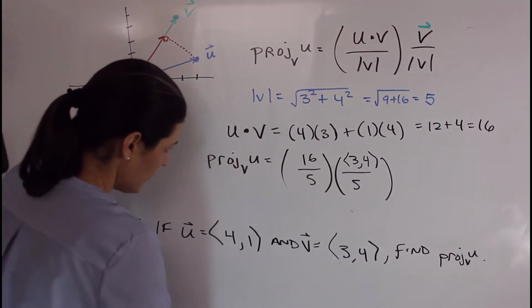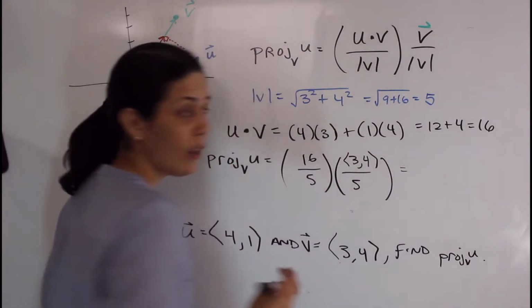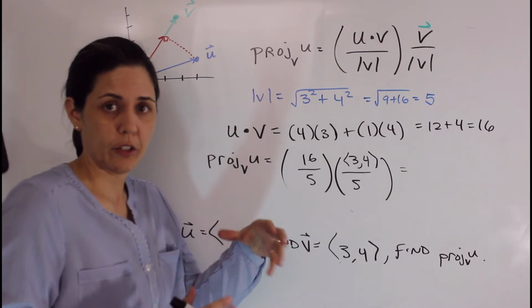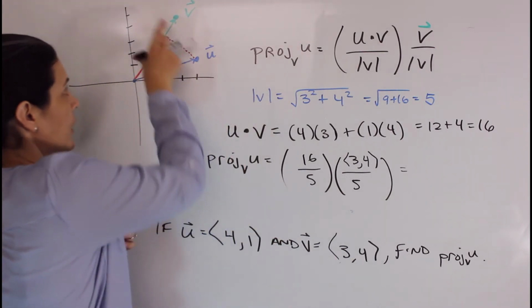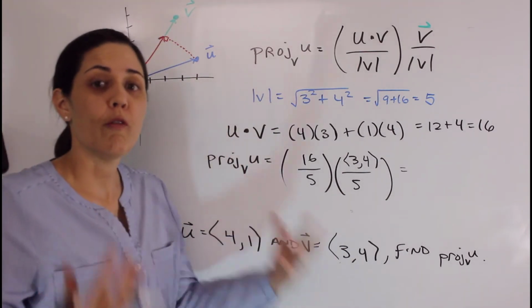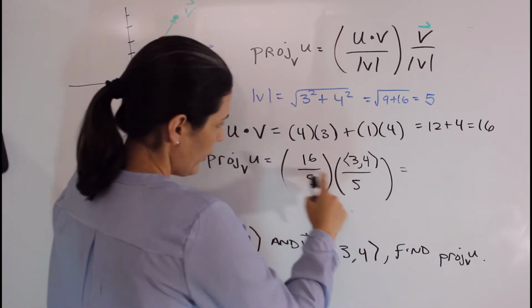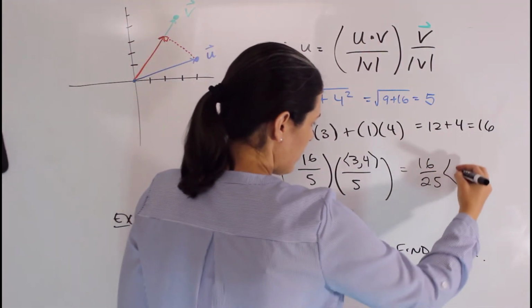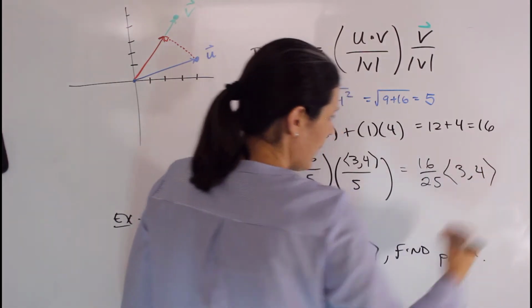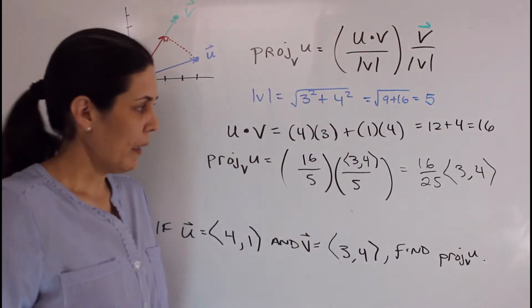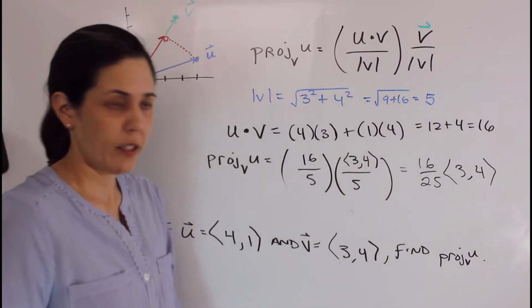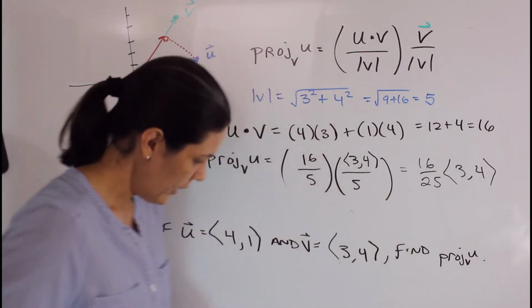And so we'll just make this look a little better. And hopefully it makes sense that it should stay a vector because it was a projection vector. This vector projected onto the other one to form a new vector. So over here we're going to get 16/25 times ⟨3, 4⟩, and remember when you're multiplying a scalar times a vector, you can just distribute that scalar inside the vector and you'll get the result.